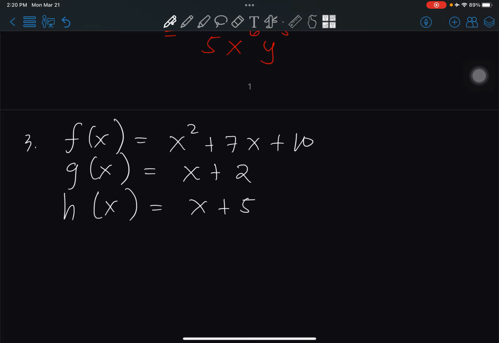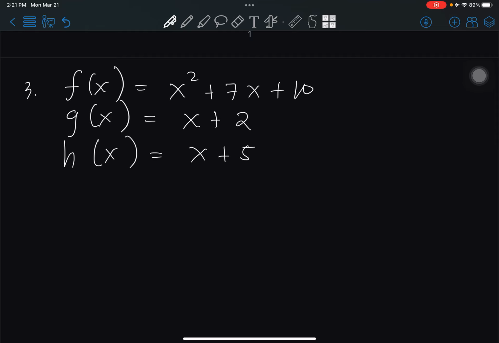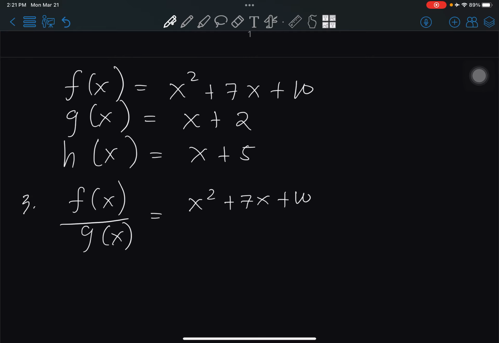So let us simplify. Let's say here, what can be now the result when we will be dividing f of x by g of x? Okay? So copy your f of x. We have x squared plus 7x plus 10. Then our g of x is x plus 2.